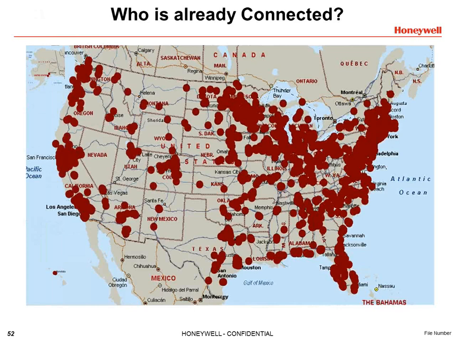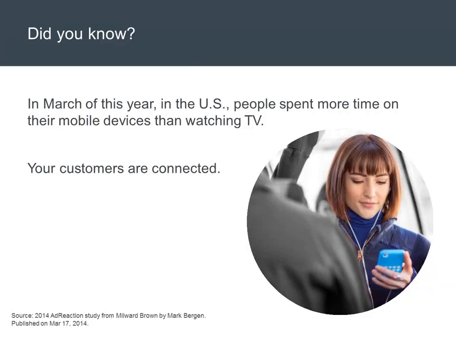I forget how many people these dots represent, but as you can see, there's literally hundreds and thousands of people that already have this technology. And what I wanted to point out is that this year is the first time people are spending more time on mobile devices than they are watching TV. So there's a lot of people who are using this type of technology.